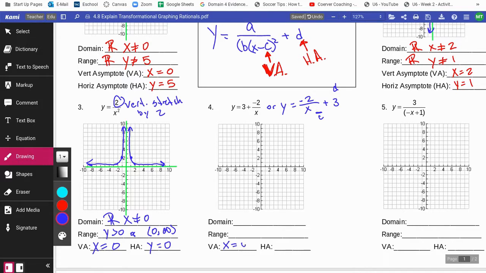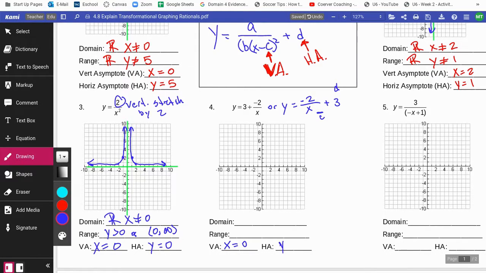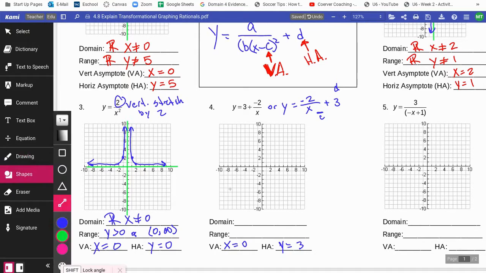That tells me the VA. If I look at the d value, that's 3. That should tell me the HA. So my VA is going to be here at x equals 0, and my HA should be there. I'll check it whenever I plug it into Desmos.